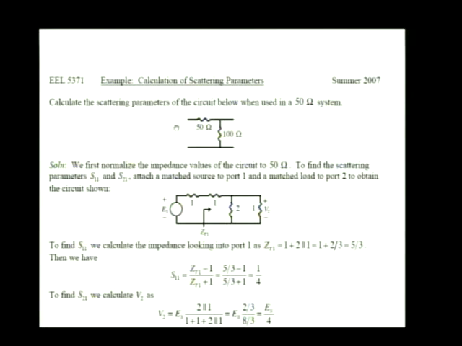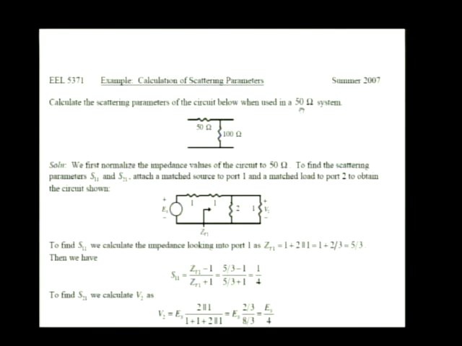Using duality, I'm going to also be connecting up a source to port 2 and a load to port 1 and doing those calculations too. Before I enter into those calculations, though, I'm going to normalize this circuit. I'm going to divide all impedances that I make use of in my calculations by 50 ohms before proceeding.